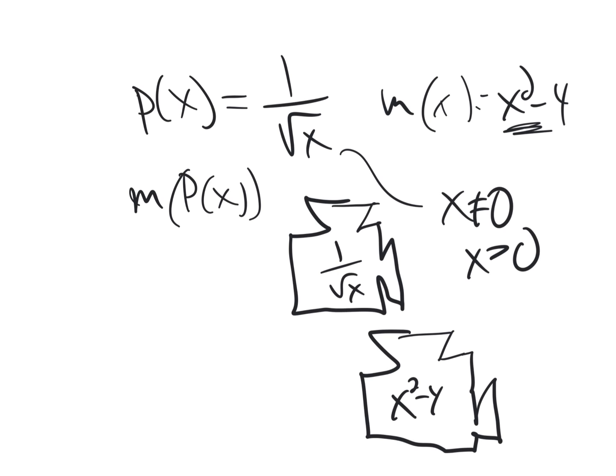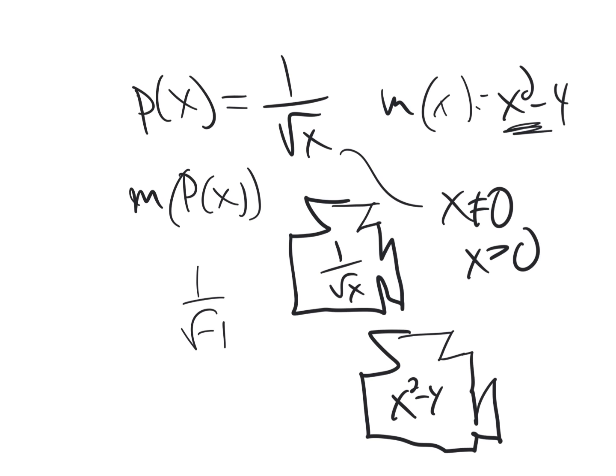Okay, so that's the domain limitation from above. So I can't drop in 0. I can't drop in -1 because that would be 1 over the square root of -1. No, I can't take the square root of a negative number. So that domain limitation will be held out.